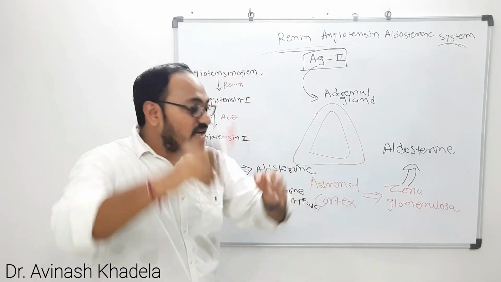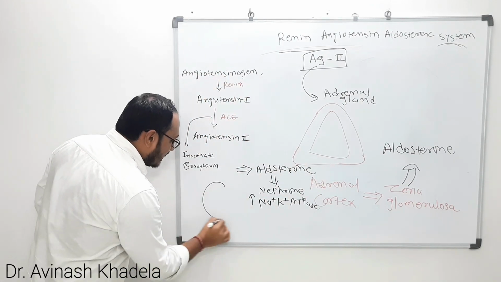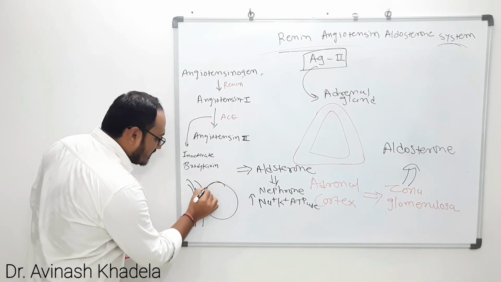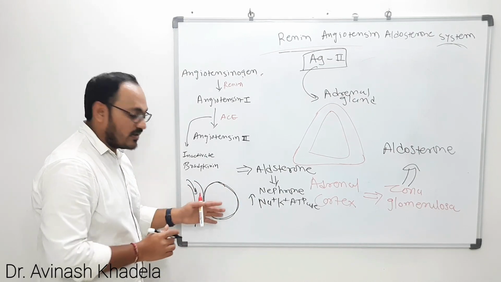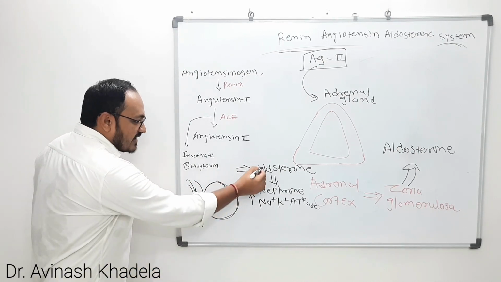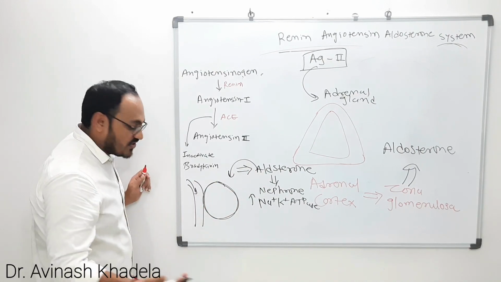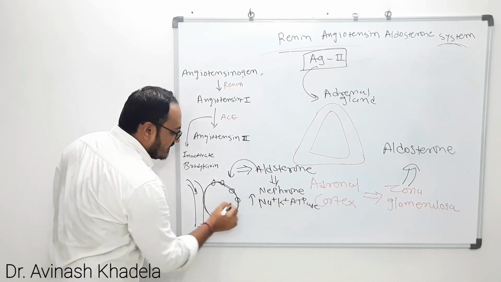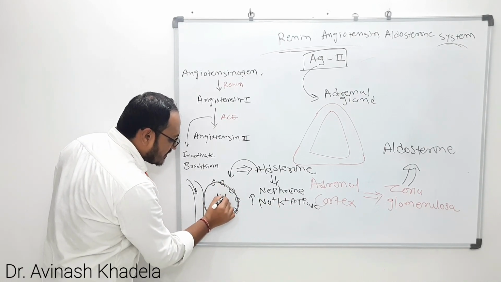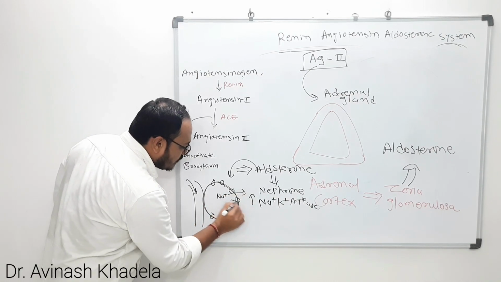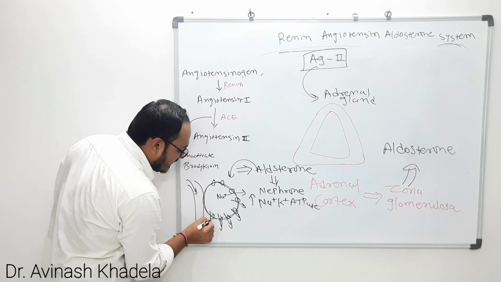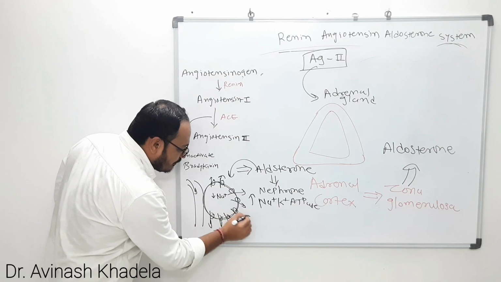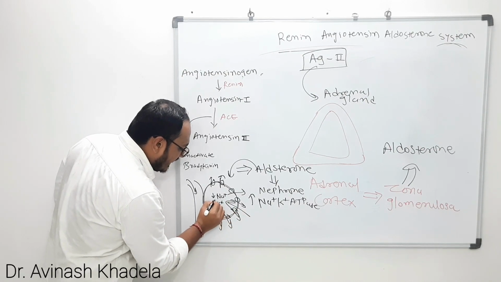Why? Let me explain with this figure if you don't understand. This is the wall, this is the nephron, and this is the extracellular component of the nephron. Now this aldosterone, through gene activation, increases the sodium potassium ATPase in this region. Due to that, sodium present inside the cell will be thrown out via the sodium potassium ATPase transporters, and thus sodium concentration goes down and potassium, relative to sodium, increases.